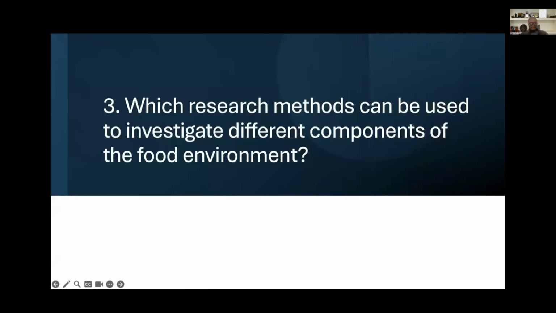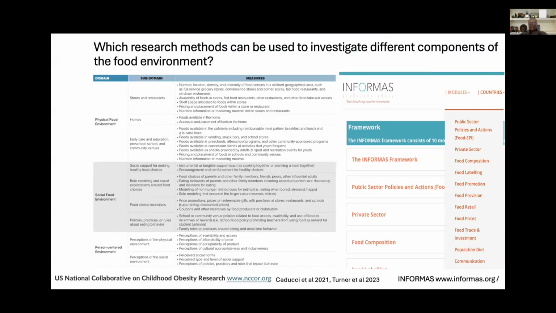Yes, so Michelle presented 4 questions. Our marching orders were to address those 4 questions. She has ably delivered on the first two. I would take the third and then the fourth. As you saw from her presentation, the other questions were which research method can be used to investigate different components of our food environment.